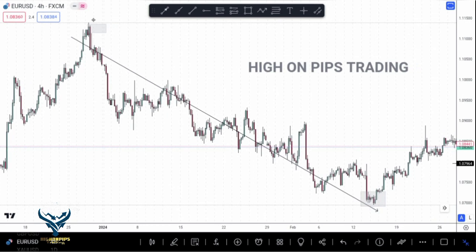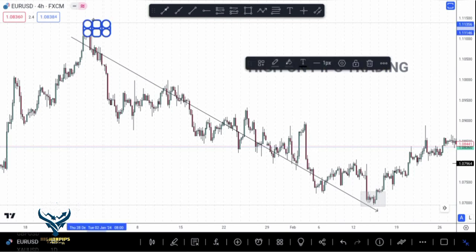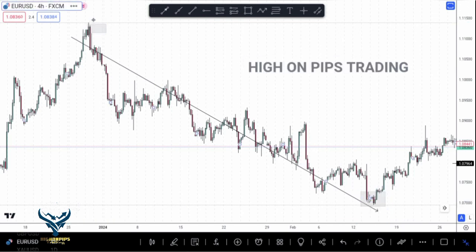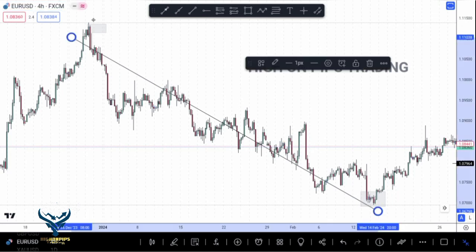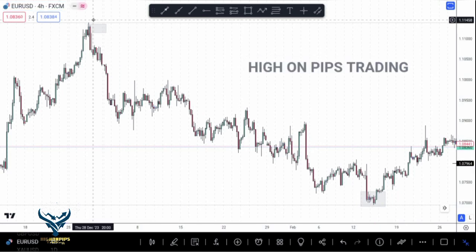So if the market is dropping like here from this top to this low, it basically means the euro was losing value against the US dollar. In other words, it means the US dollar was gaining value against the euro, right? So where is our sell market structure here? This is where we find our sell market structure. Okay, I hope you are following.